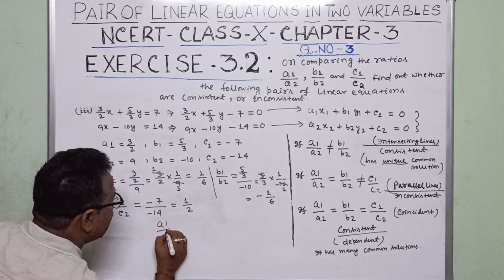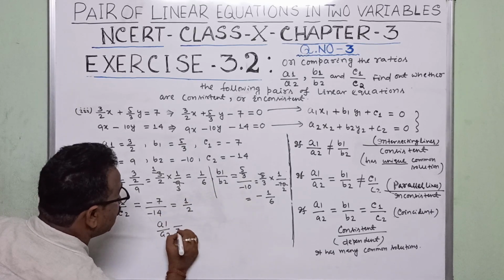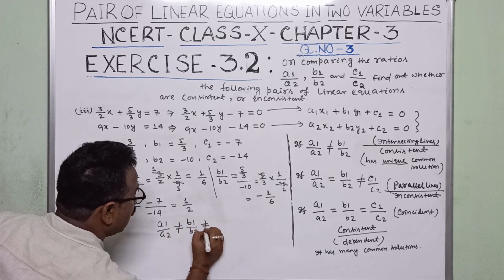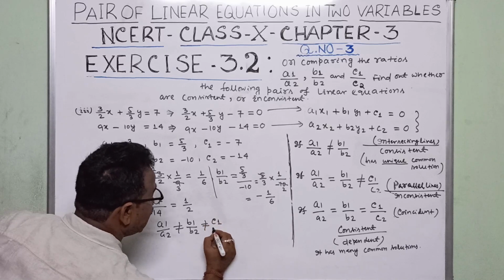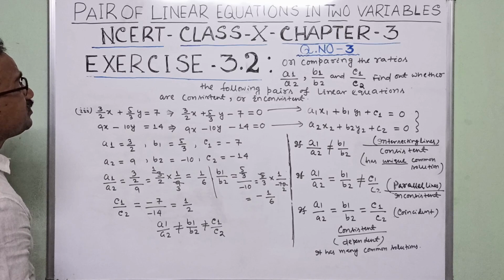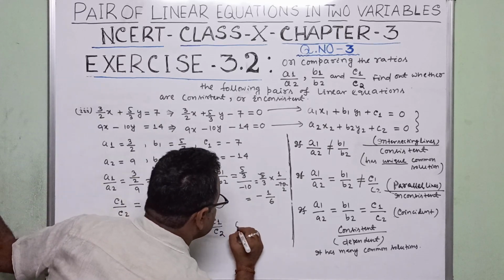Here a1 by a2 is not equal to b1 by b2, is not equal to c1 by c2. So definitely the lines are intersecting. Intersecting means consistent.